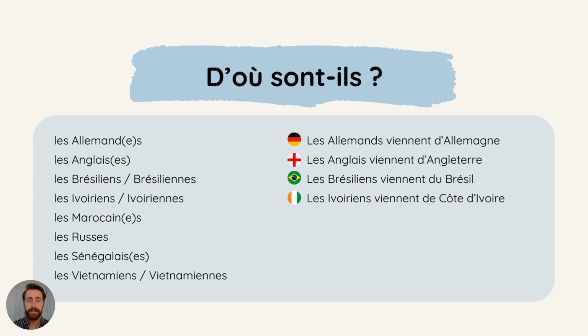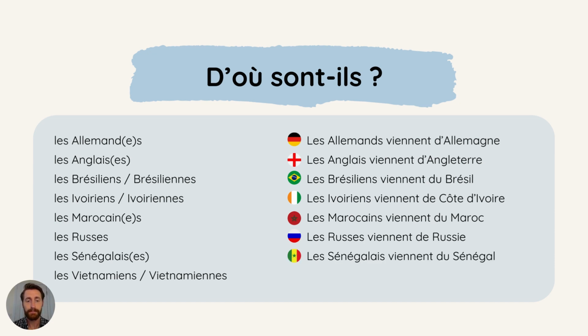Les Ivoiriens viennent de Côte d'Ivoire. Les Marocains viennent du Maroc. Les Russes viennent de Russie. Les Sénégalais viennent du Sénégal. Et les Vietnamiens viennent du Vietnam.